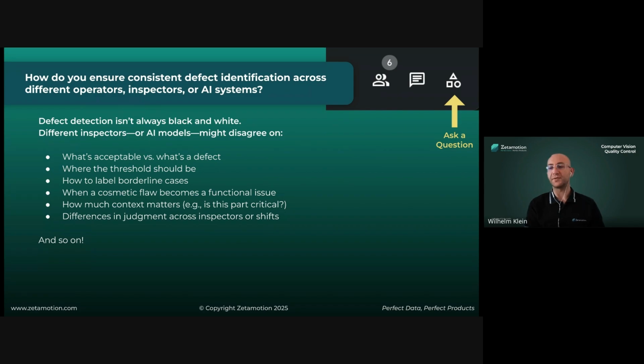You can have one that sits at the end of line of the first supplier. You can have an incoming inspection at the second, and another incoming at the third. And perhaps if there's a lot of process happening at the third supplier that can introduce additional defects, you can have an outgoing one there as well. And all of these can also speak with each other. They can talk to each other.